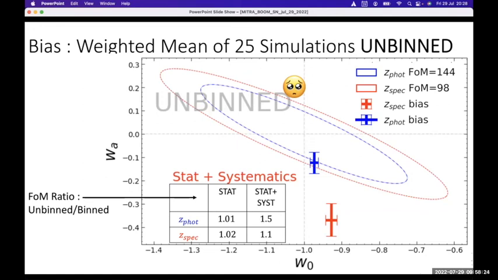No. So if you are analyzing it with a covariance matrix that says there may be calibration uncertainty and your data never has it, would you expect no bias? This is a question. I'm not stating the answer.